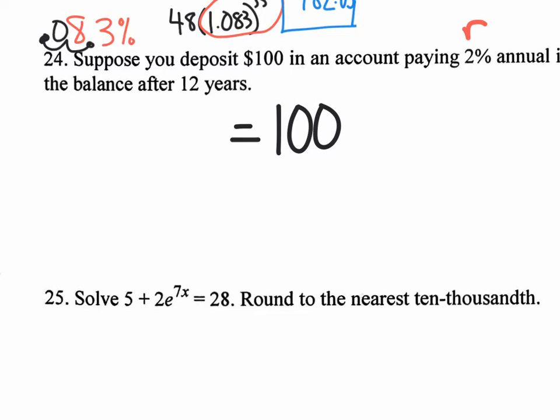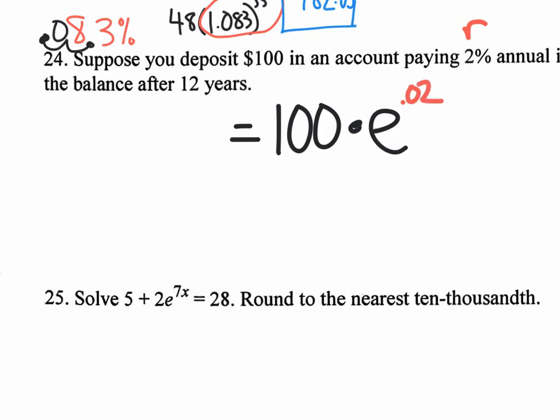First of all, it's P times E. So E is simply going to be the E button on the calculator. Now, on the exponent position, you're going to put the rate times time. But the rate, you don't want it as 2, you want it as a decimal. So what's the decimal representing that 2%?